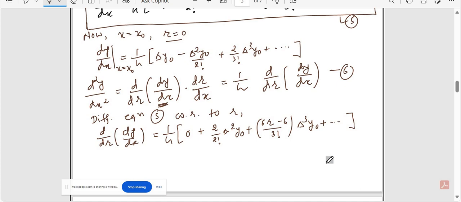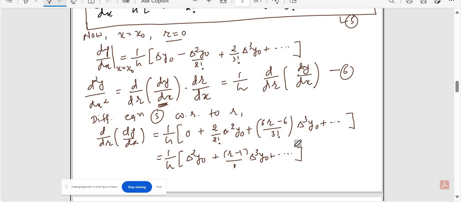Justin, do you get it? Yes, sir. Okay. Now, what about others? Yes, sir. Okay, so if you simplify, then this will be 1 by h. These two will be cancelled out, so delta square y0. Here again 6 and 3 factorial will be 6, so plus r minus 1 divided by 1, that will be 1 into delta cube y0, and simply in this way you can continue.